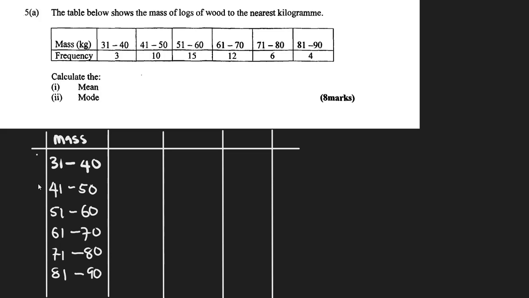So then the next thing to do is we find the middle class, that's x. And how are we going to do it? We're going to add our lower class mark plus the higher class mark, then we divide it by 2. This is very, very important. You have to add like this one, 31 plus 40, then divide the answer by 2. And that's what we're going to do to all the classes.